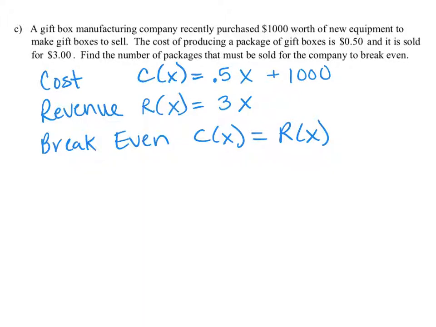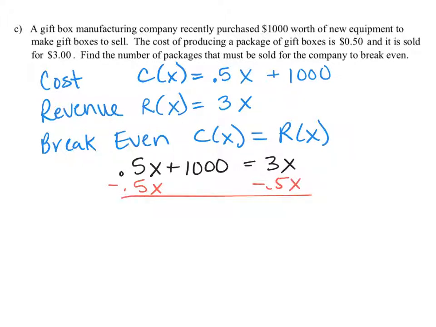So the cost equation is 0.5x plus $1,000. So that's 50 cents for each unit plus $1,000 fixed cost is equal to the revenue of $3 per set, which is 3x.